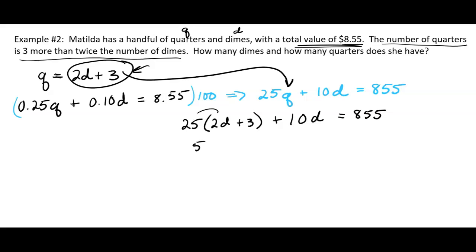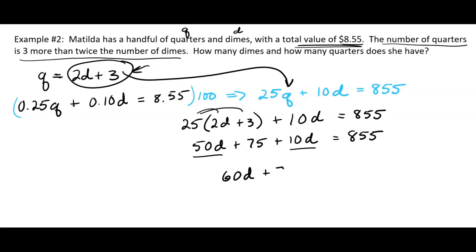That's 50D plus 3 times 25 is 75, plus 10D equals 855. And then I'll combine the 50D and the 10D, so 60D plus 75 equals 855. So we're getting somewhere. Subtract the 75.